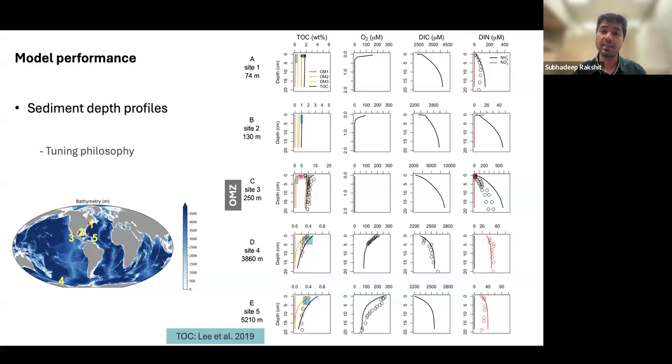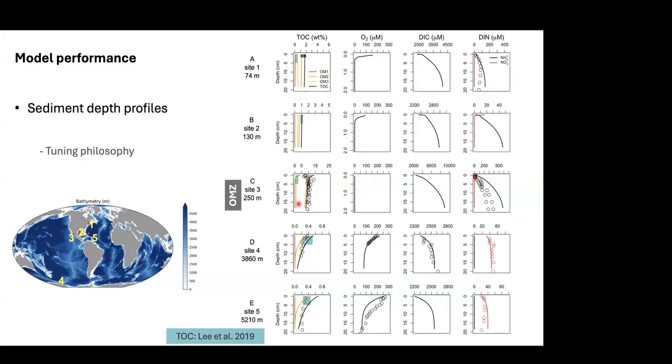But what really matters is organic matter 2, the intermediate reactivity organic matter. That's what, at least in this situation, determines the bulk of the preservation. Just to make things clear, the K associated to each of these, K1, 2, and 3.